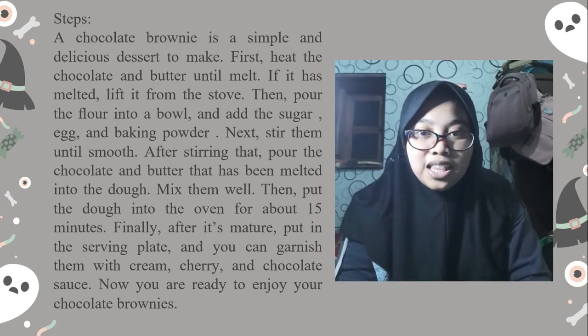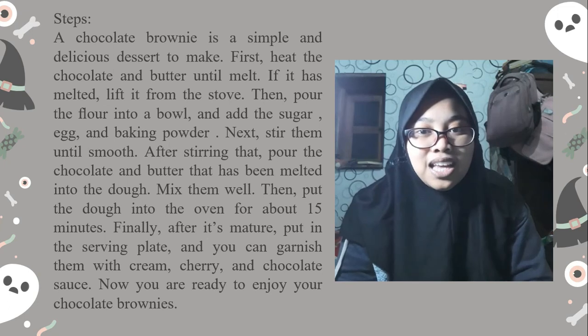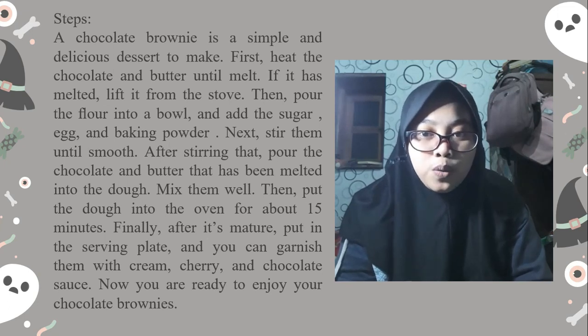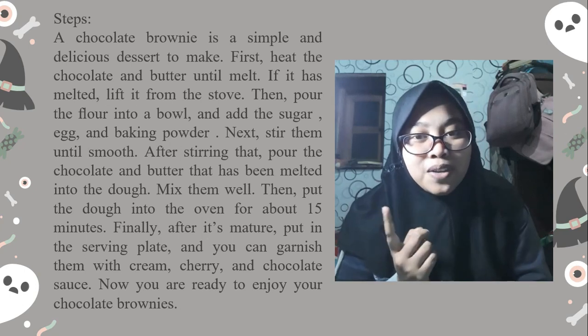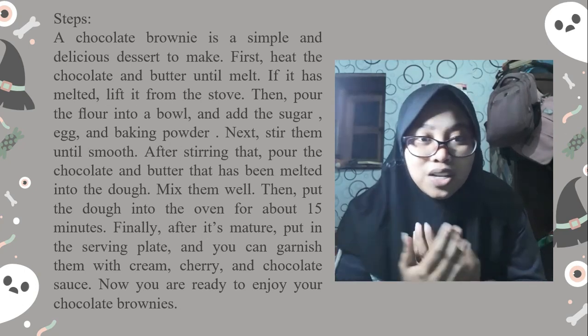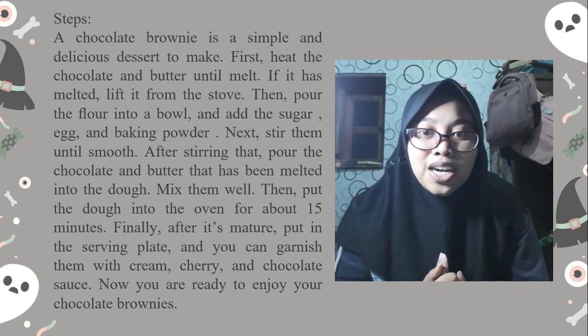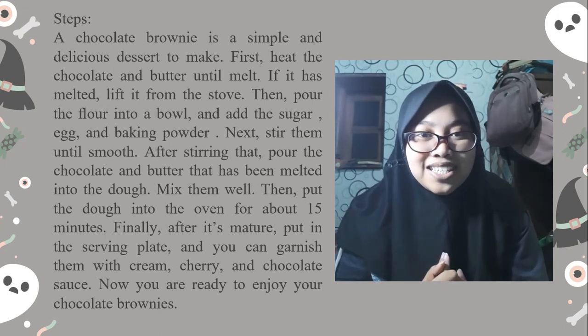After stirring that, pour the chocolate and butter that has been melted into the dough. Mix them well. Then, put the dough into the oven for about 15 minutes. Finally, after it's cooked, put it on the serving plate and you can garnish them with cream, cherry, and chocolate sauce. Now you are ready to enjoy your chocolate brownies.